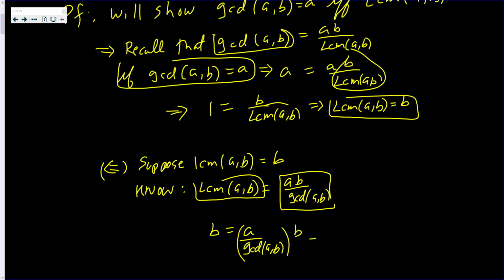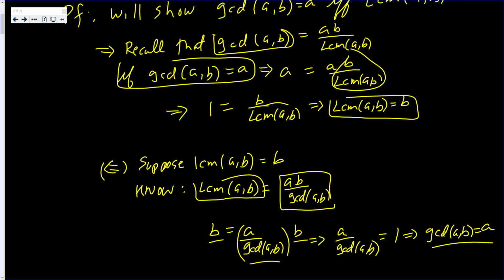Oh, so what's in the bracket must be 1, because 1 times b really does equal b. So a over the GCD of a and b is equal to 1, which implies the denominator and the numerator are equal. And that is what I wanted to show.